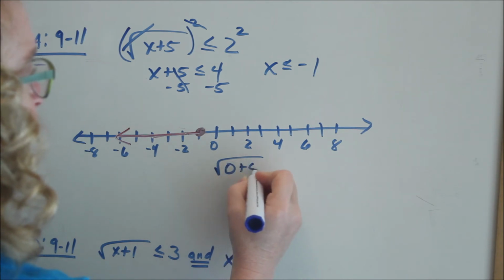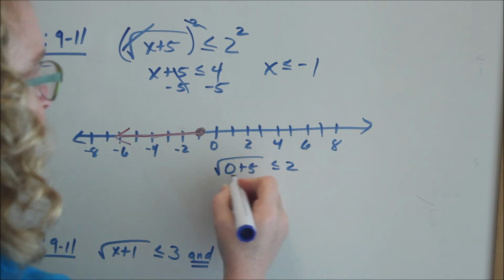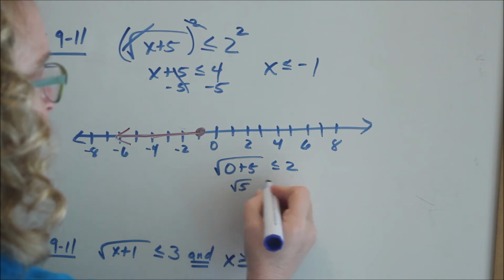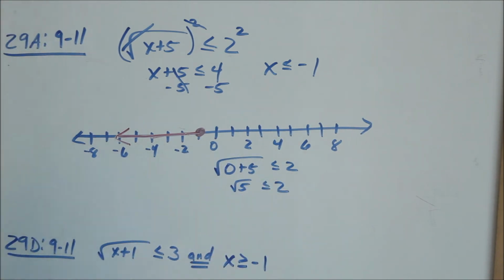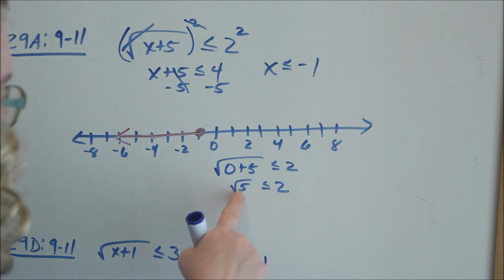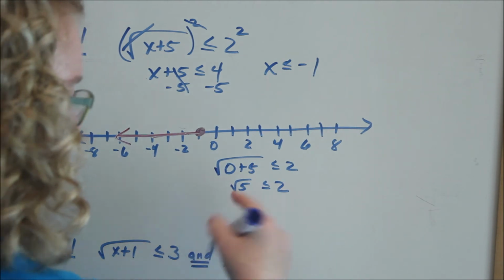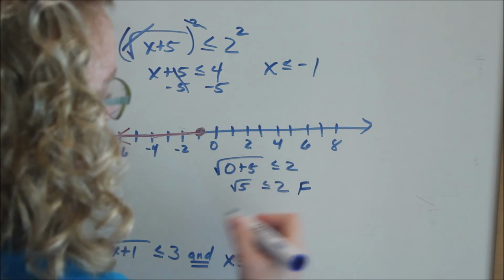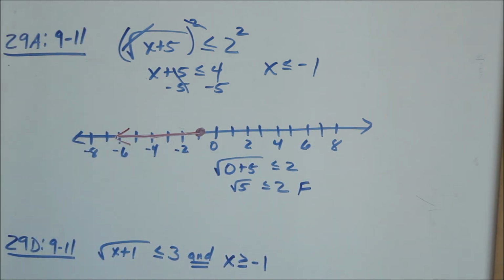So 0 plus 5 less than or equal to 2. That would be square root of 5 is less than or equal to 2. I believe that is false because square root of 5 is 2 point something. So that is false and it should be false. So if you pick the number over here, it would make the statement true.